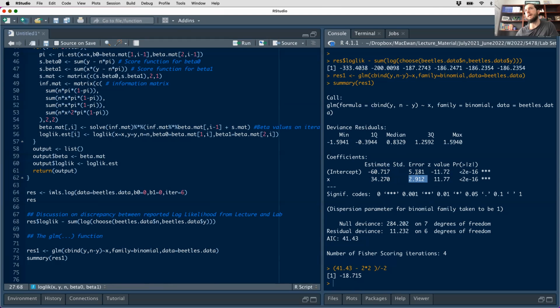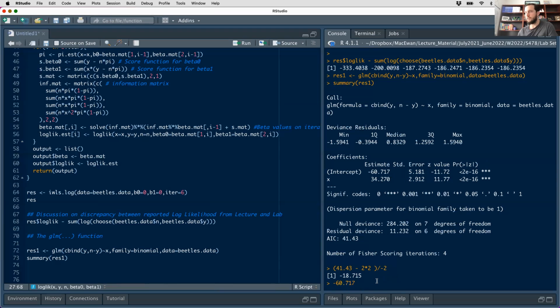We can use these values to construct a confidence interval. You'll notice that these are both normally distributed. So the confidence interval, as we showed in lecture, can be built using the standard normal distribution. We also have a test statistic based off of the estimate and the standard error.